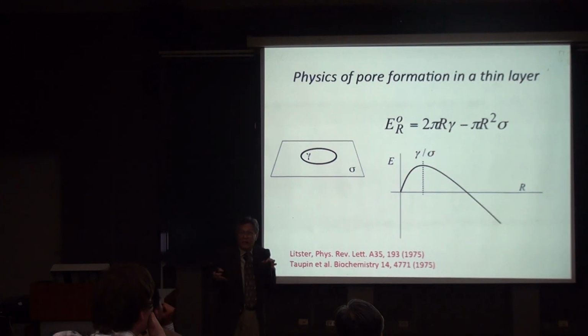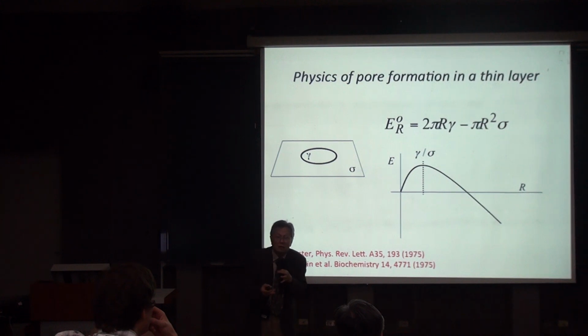So you favor making a hole, because the area of the layer becomes smaller. The hole is empty, and that term is R squared. Area is R squared, and it is negative.